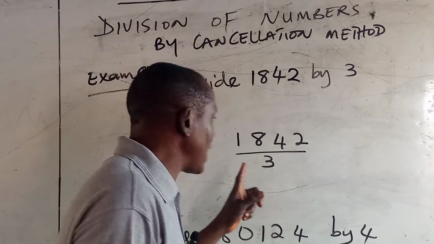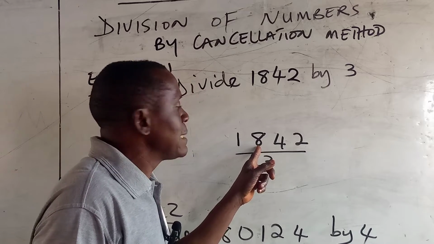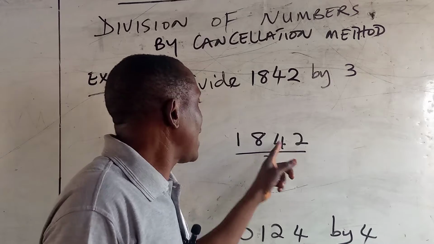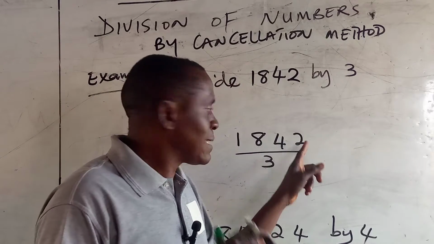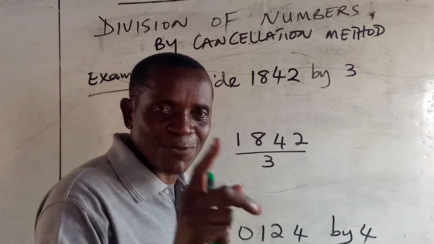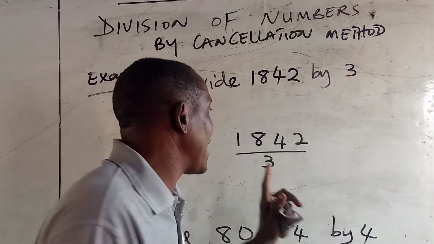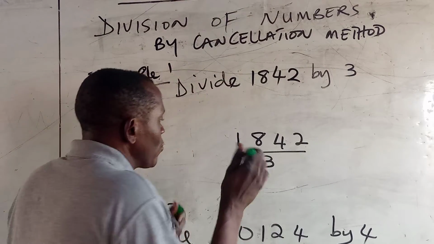So I'll quickly give a check. 1 plus 8 gives me 9. 9 plus 4 gives me 13. 13 plus 2 gives me 15. Right. Can 3 divide 15? Of course, it will go 5 times. So that's all. Since it can go perfectly, I now know that 3 can go into this number without a remainder. See how I'm going to do it.